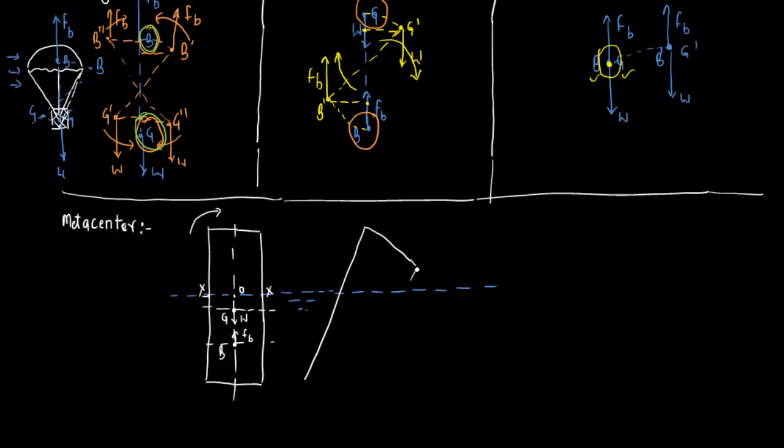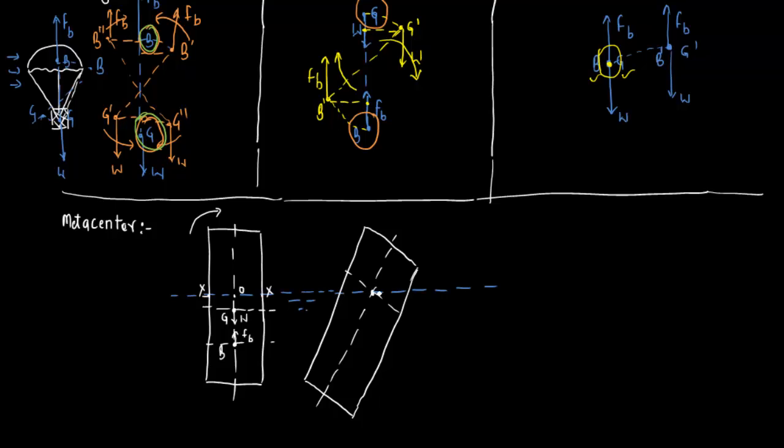This was the initial line of action of the buoyant force and the weight before the disturbance. As this body is going to tilt, this x point goes out here and this x point comes in here, so it will look like this.